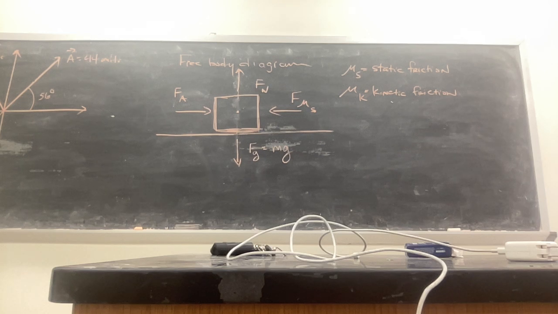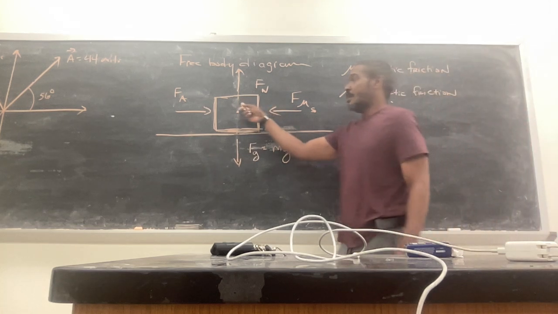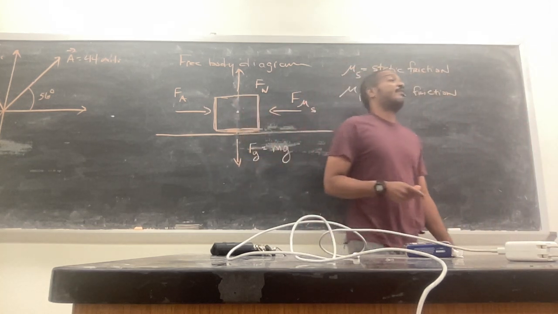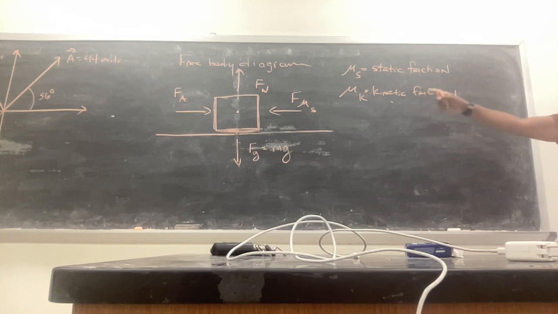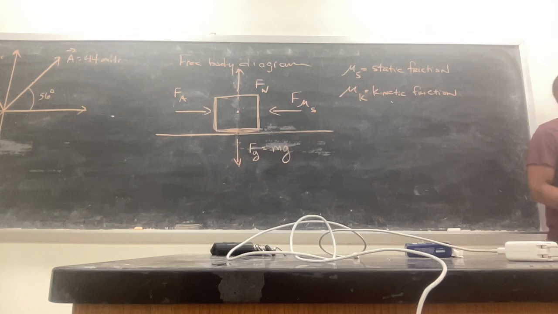We have four forces acting on the box. So, does the box move up or down? In this situation, if all the forces are equal. No, it's sitting on that surface. So is it possible for it to move up or down? No.